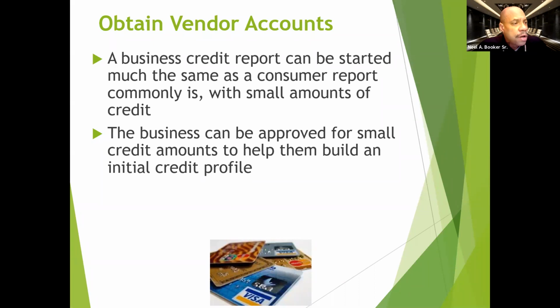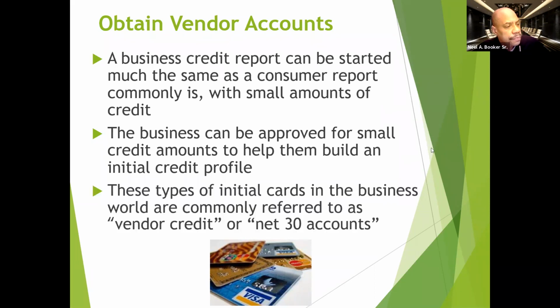So a business credit report can be started much the same as a consumer report commonly is, with small amounts of credit. The business can be approved for small credit amounts to help them build an initial credit profile. These types of initial credit cards in the business world are commonly referred to as vendor credit, but I like to call them net 30 accounts.